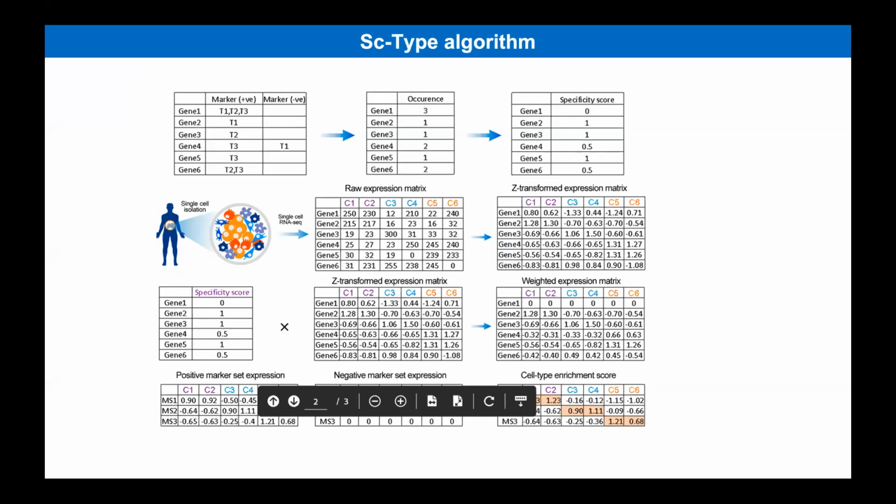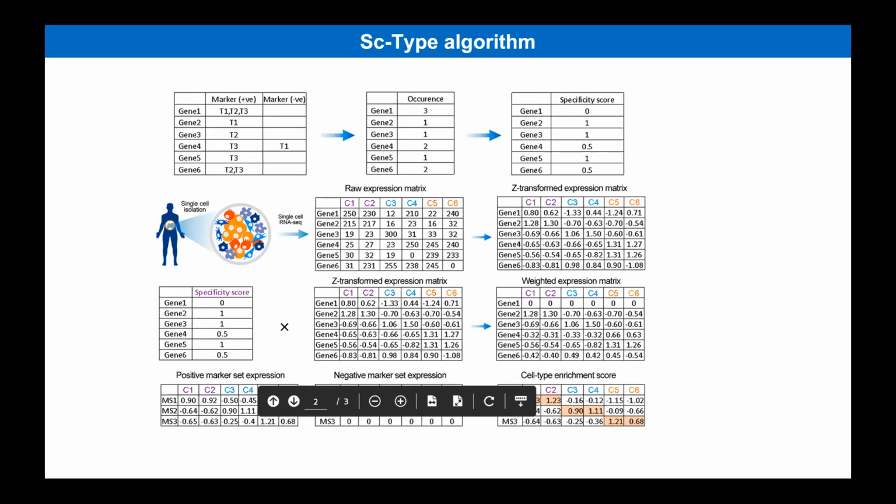Yes, the sum of gene 1 and gene 2. But here, for the weighted expression matrix, gene 1 is all 0 and gene 2 is 1.28, 1.30. But in the positive marker set expression, MS1 is 0.90, 0.92. So does it match?